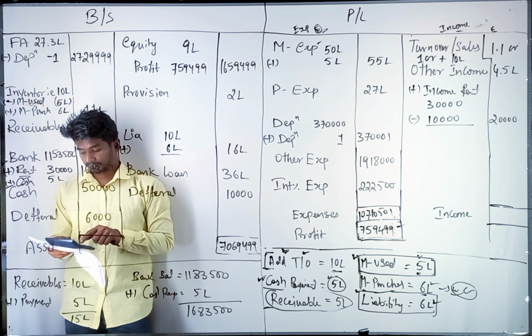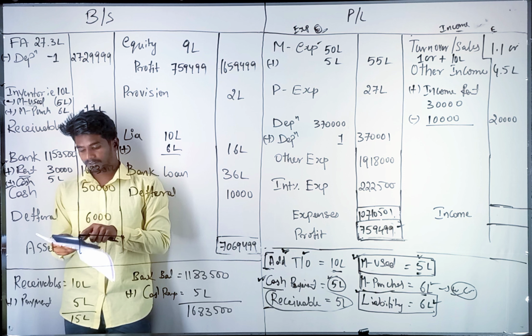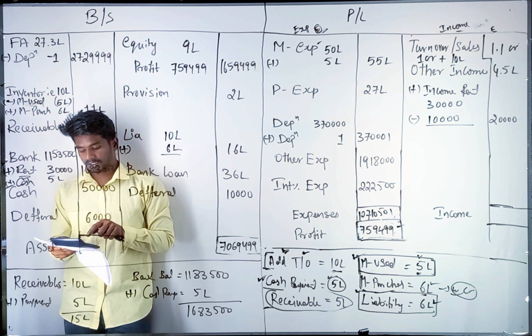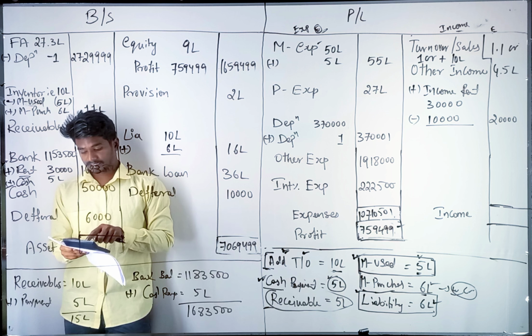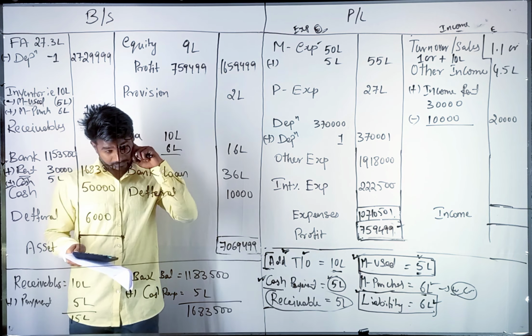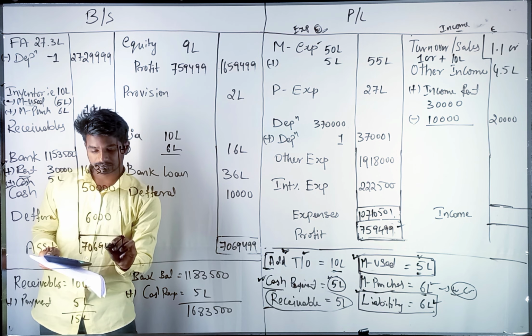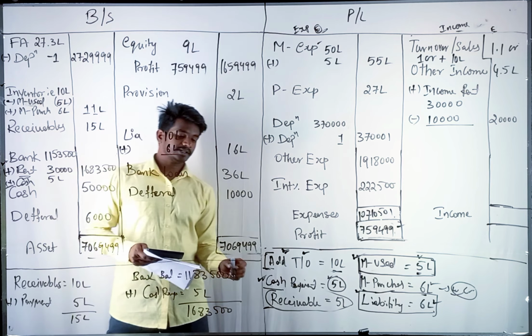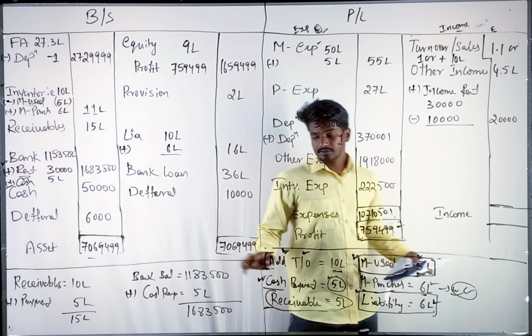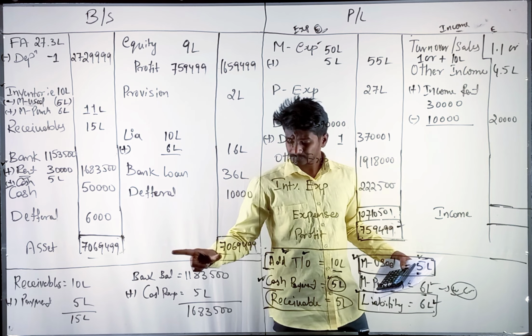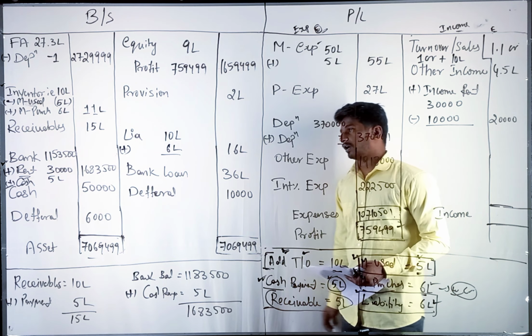This side 27 to 29,999. 11 lakh 15 lakh 16,83,500 56 70 lakh 69,499. Is it matching? These balances are matching, then your answer is correct.